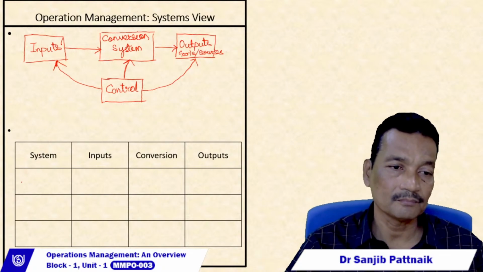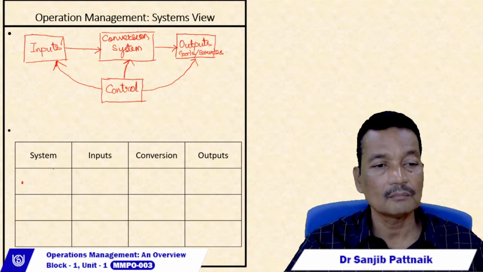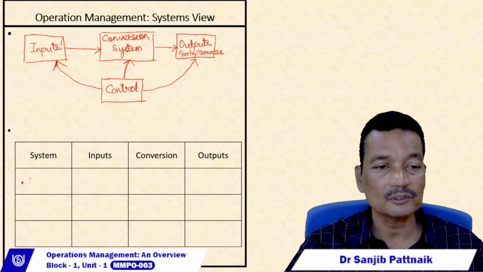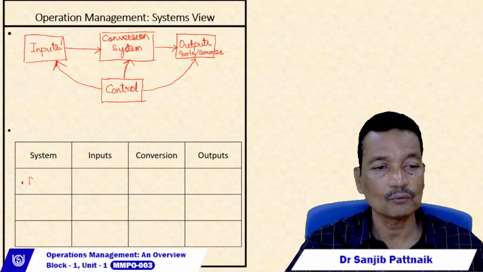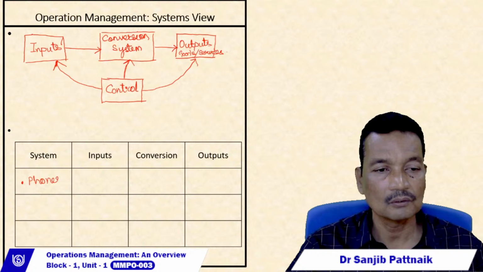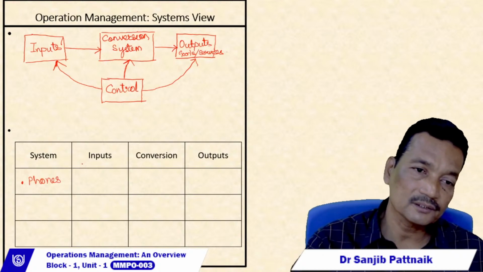Suppose we are producing mobile phones. What are the inputs?